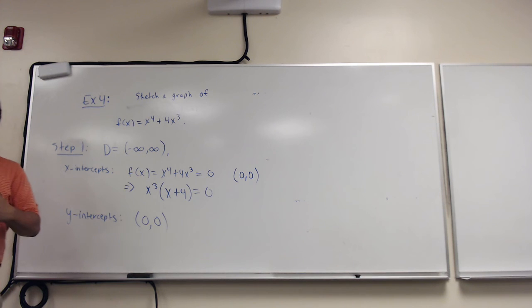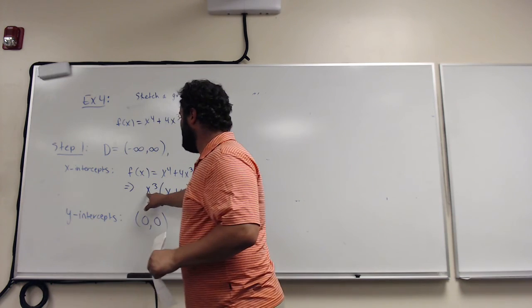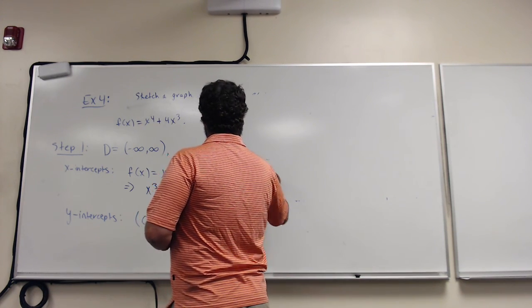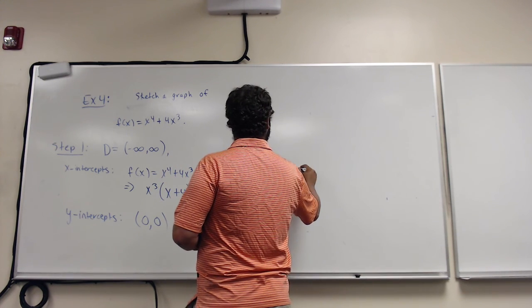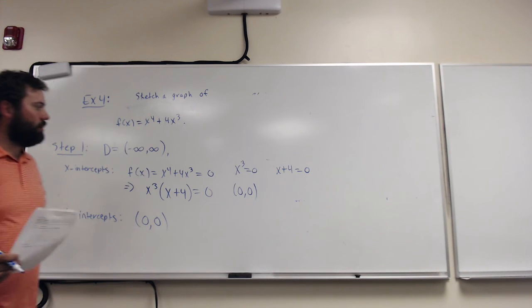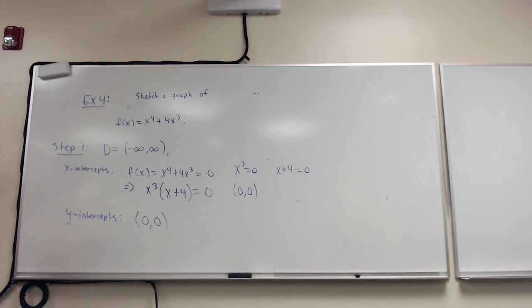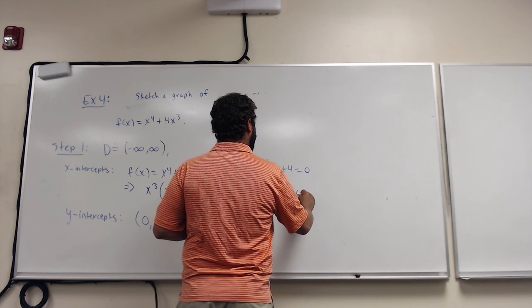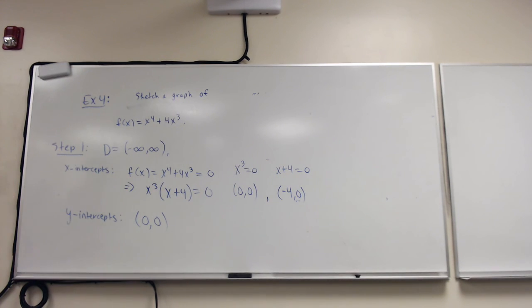The origin's going to be both an x and a y-intercept because you're crossing both axes. This means x cubed is equal to 0 or x plus 4 equals 0. So x cubed equals 0 is going to give you an x-intercept of 0, 0. And then x plus 4 equals 0 is going to give you an x-intercept of minus 4 comma 0.